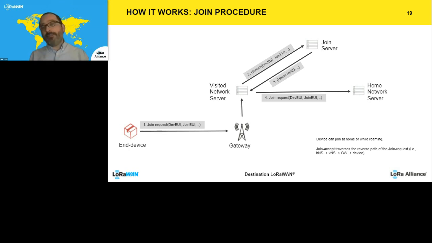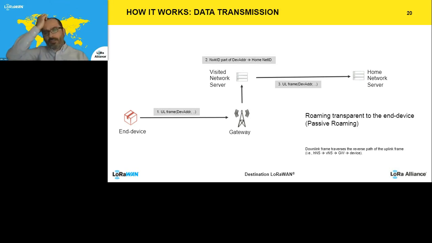And now, if we look at how the data is transmitted following the join procedure, by the way, this join procedure happens, I would say, very rarely. Once the device joins, it can continue that connectivity session for a pretty extended period of time, like days, weeks, and even months, during which it would be sending its regular data and receiving regular data. As in this case, this end device sends an uplink frame.